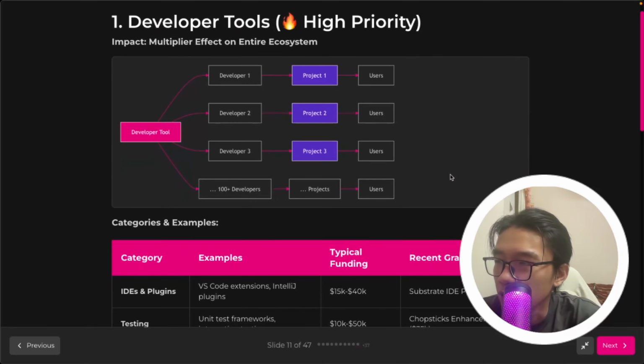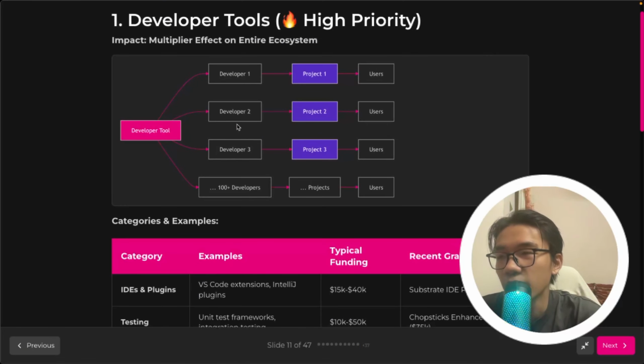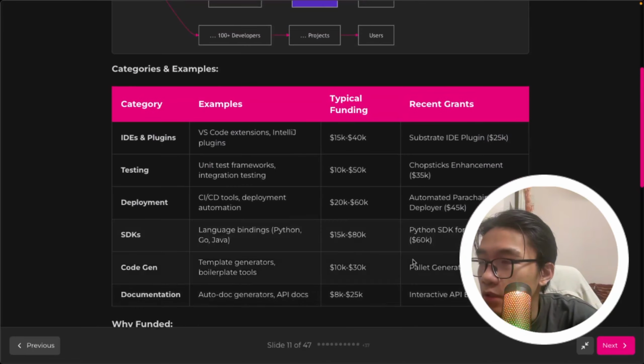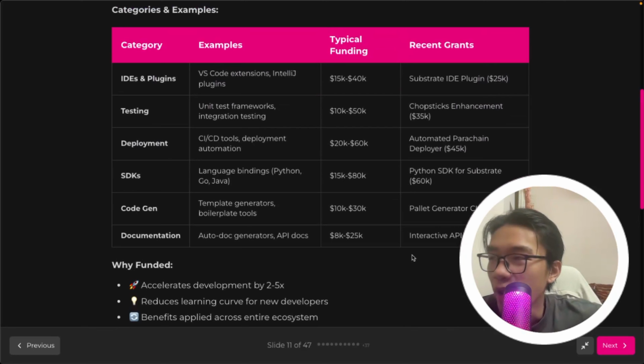For developer tools, as you can see right here, it's a multiplier effect on the entire ecosystem, because one developer tool can empower all the developers to build other developer tools running on top, and it can also empower a lot of projects, which helps them access a larger pool of users. For example, IDEs and plugins, where we have VS Code extensions, IntelliJ plugins.